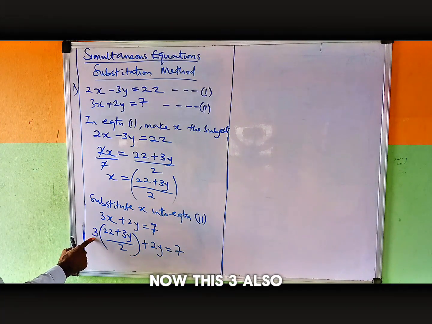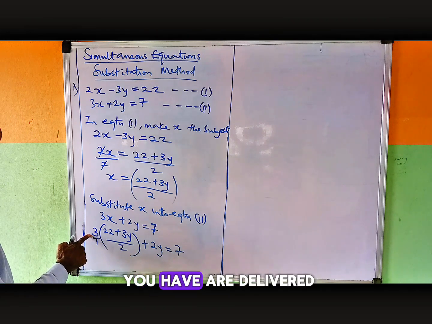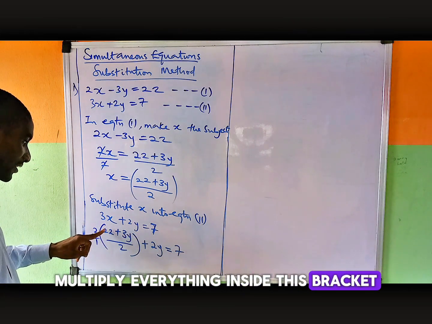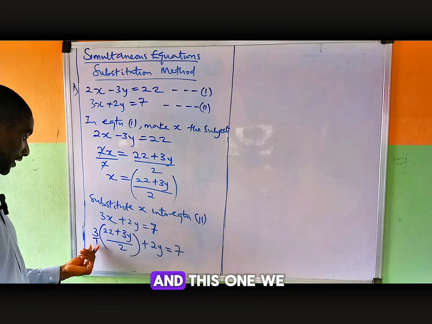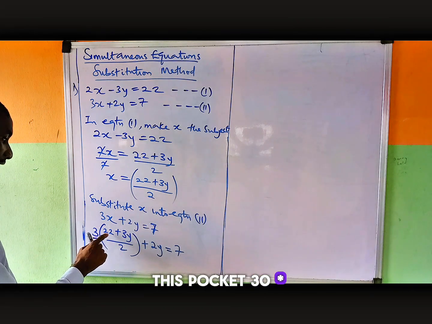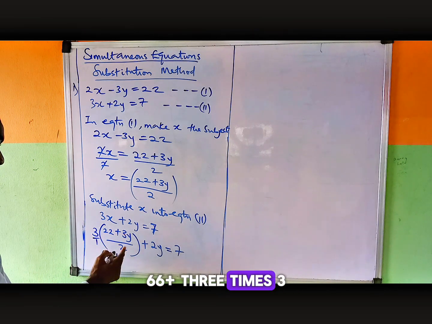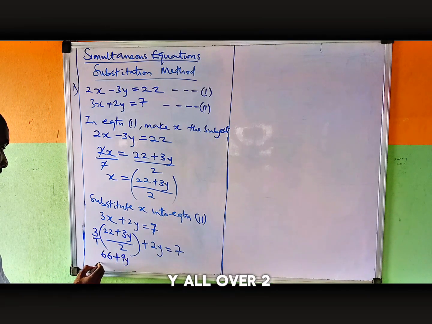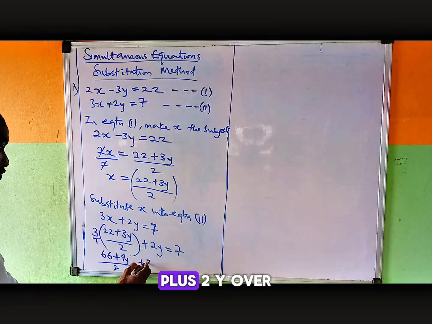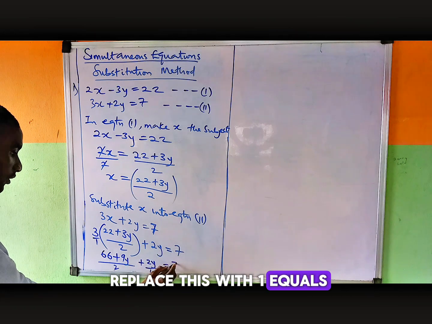Now this 3 also means 3 over 1. So whatever you have at the numerator, we multiply everything inside this bracket by 3, and the denominator by 1. So if you open up this bracket, 3 times 22 gives you 66, plus 3 times 3y gives you 9y, all over 2 times 1 is 2, plus 2y over 1, equal to 7 over 1.